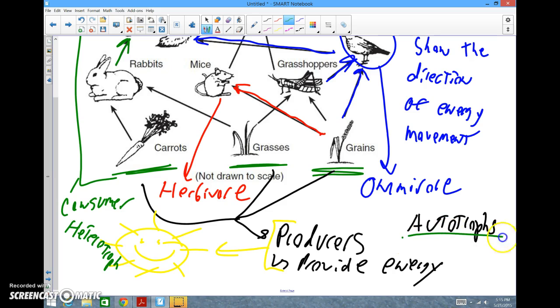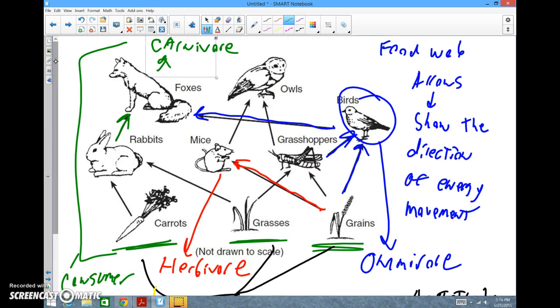So you have autotrophs, which are generally plants, and they actually get energy from the sun, and every other organism in an ecosystem gets their energy from the plants. You have heterotrophs who require something else to get their energy from. So they are either getting energy from plants, if they're an herbivore, they're getting their energy from other animals, if they're a carnivore, or they're getting energy from both plants and animals, if they're an omnivore. Okay? So that's the basics of food web and energy transference.